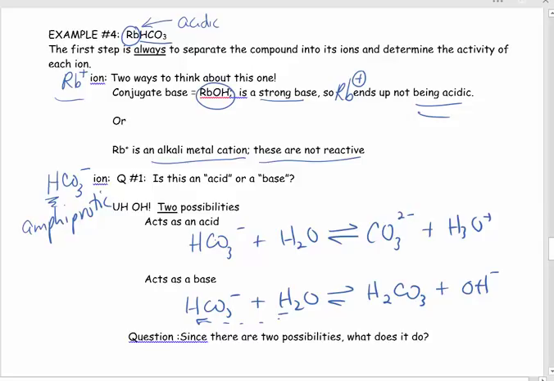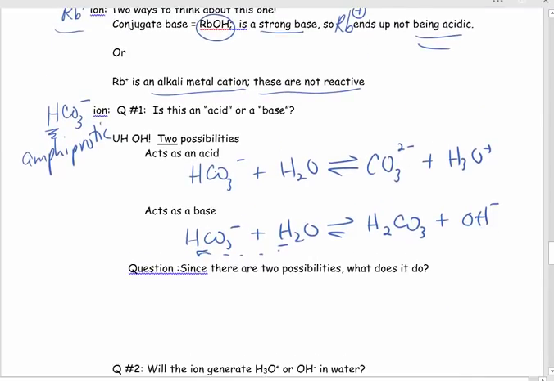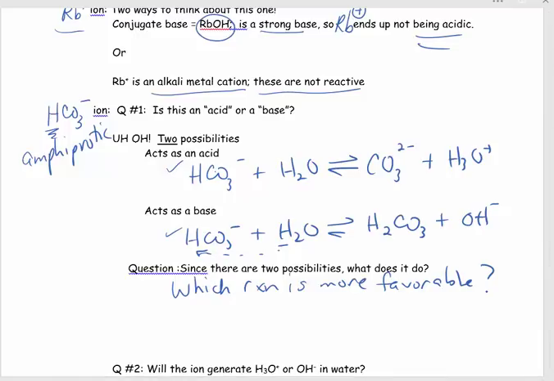Okay, so our question is, since there are two possibilities, what does it do? And in order to know this, we need to see which reaction is more favorable. The reaction of it as an acid or as a base. And there's a couple ways to do this, but the most common one is just to look up the K values for these two reactions.